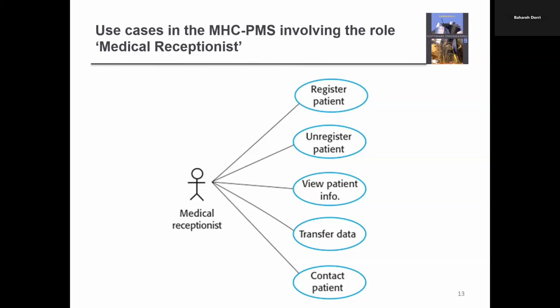Transfer data, like we discussed earlier, sending a patient record to another system, and contact the patient, which might be used to send reminders, follow-ups, or emergency messages. So each of these interactions is something the receptionist initiates and the system responds accordingly.